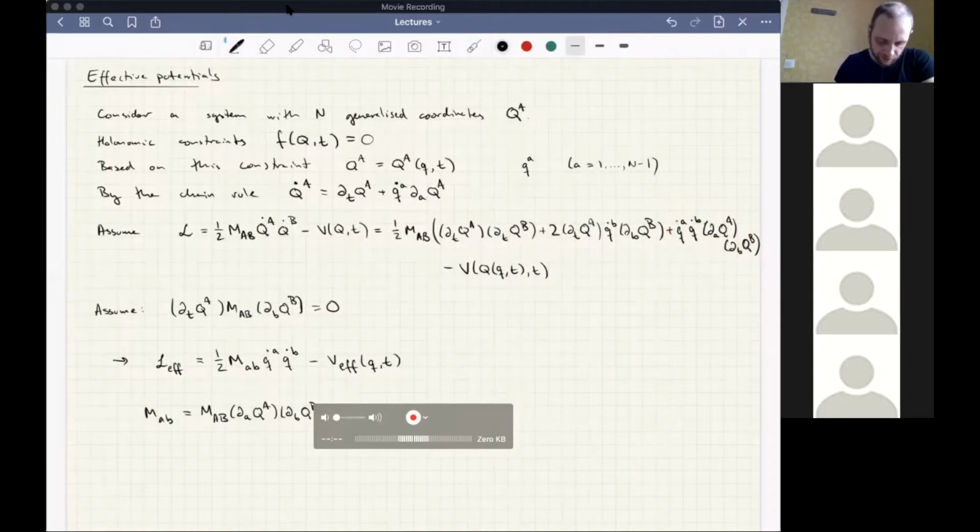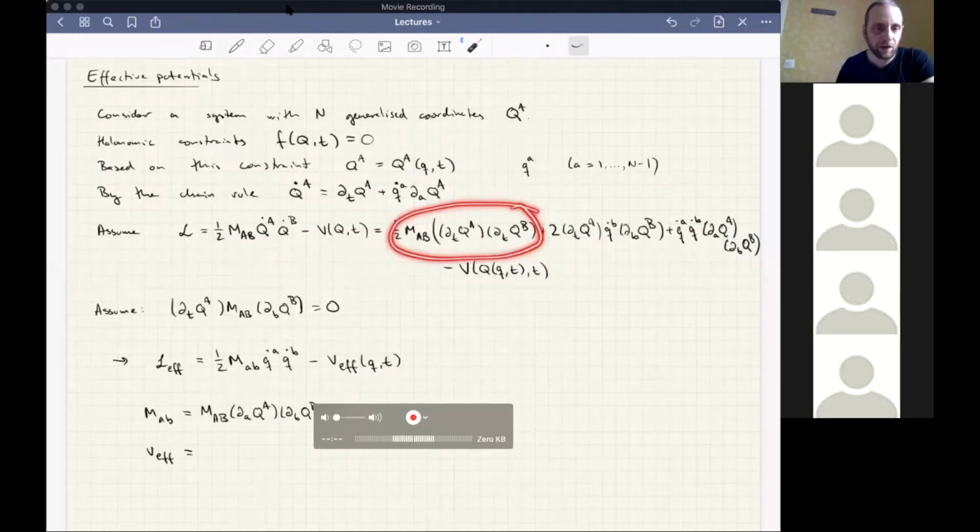And our effective potential gets a contribution both from the original potential here, but it also has a contribution from this part here, which does not depend on the derivatives of the small q's, but only depends on the small q's themselves and possibly time.